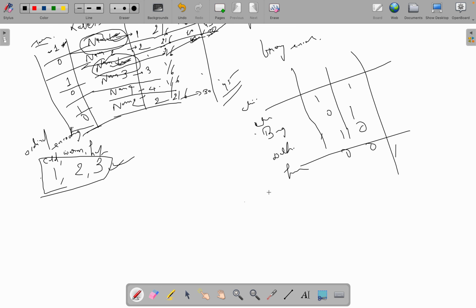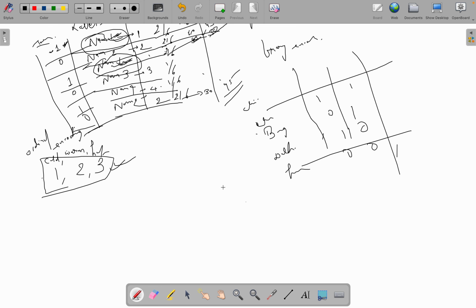And there is something called one hot encoding. If you have the same thing, Chennai, Bangalore, Delhi, and Hyderabad, we will create another column for each city: Chennai underscore 0, Bangalore underscore 0, and so on.